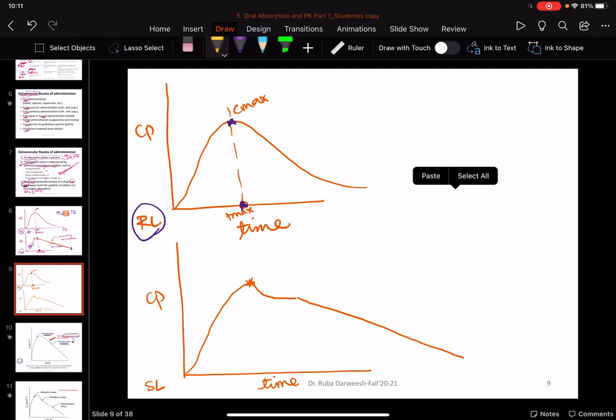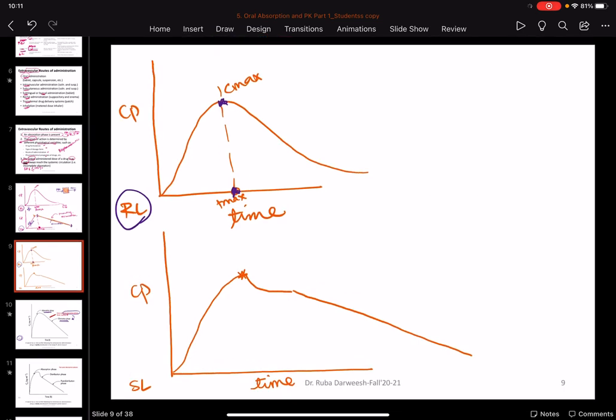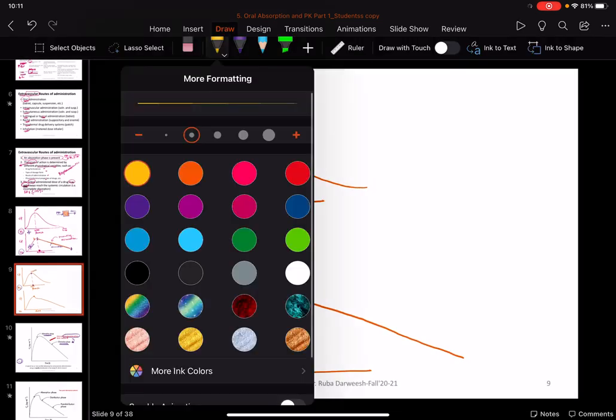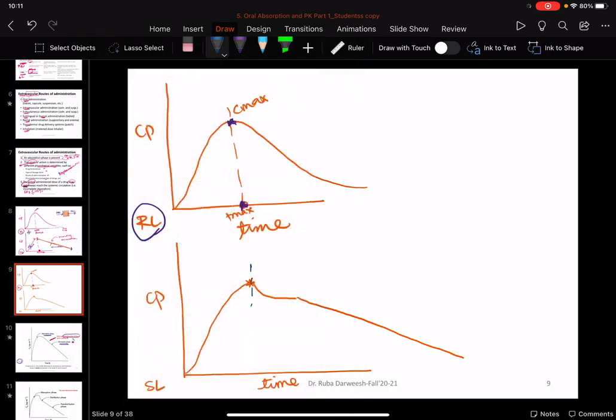If we are talking about phases, let me use another color. You'll have something until the maximum, and you have one phase that is after the absorption phase, and you have another phase. So we have the absorption phase.